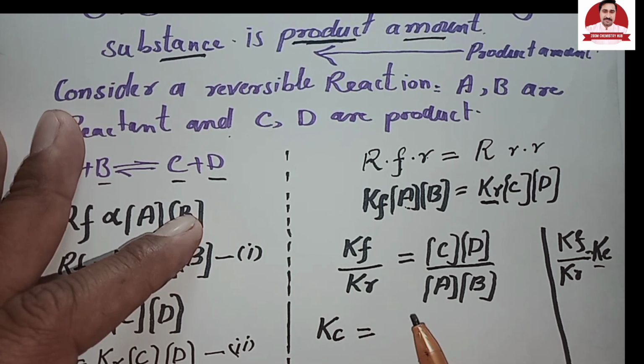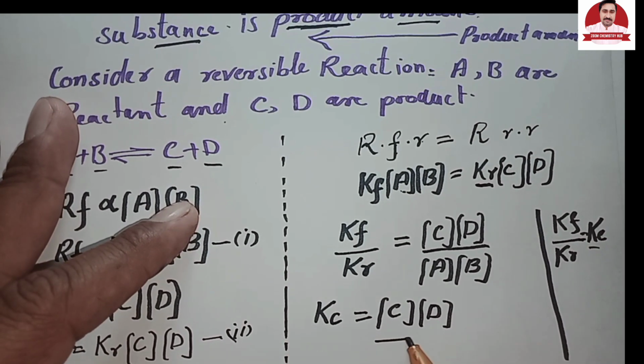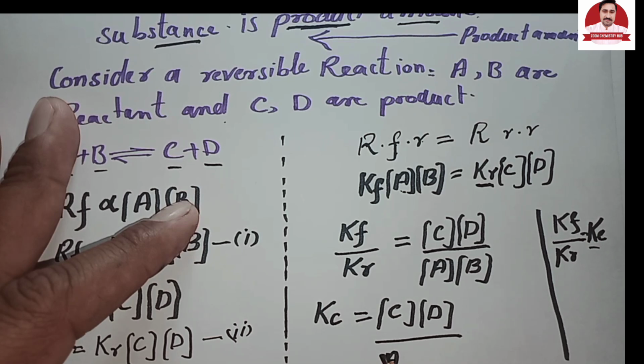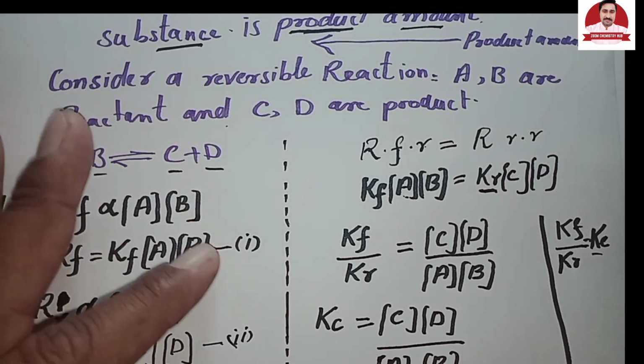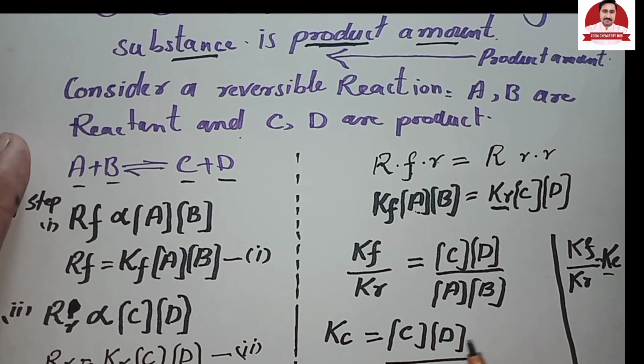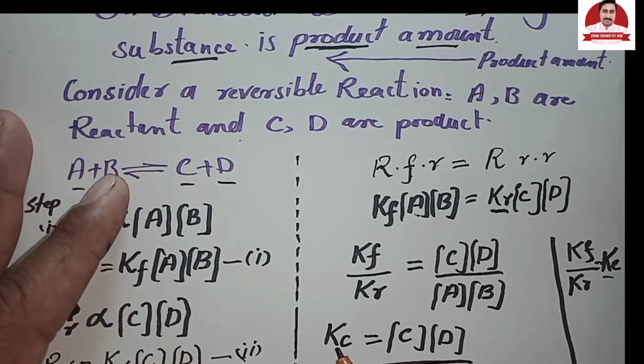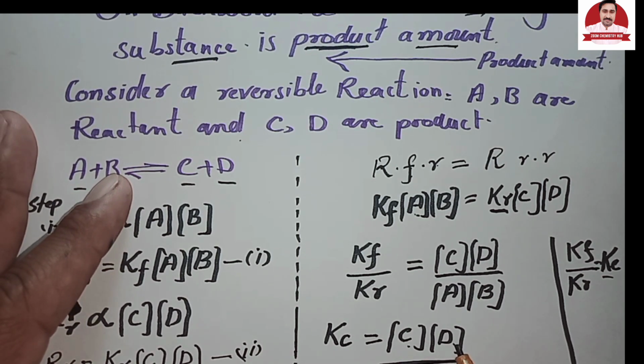So Kc is equal to concentration of C into concentration of D divided by concentration of A and the concentration of B. This is the last and final step for the derivation of the equilibrium constant expression, and this is the ratio. So we can say that Kc is the ratio of the product of the concentrations of the products divided by the product of the concentrations of the reactants.